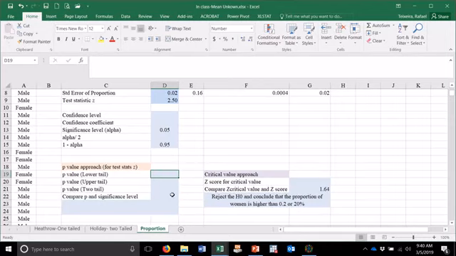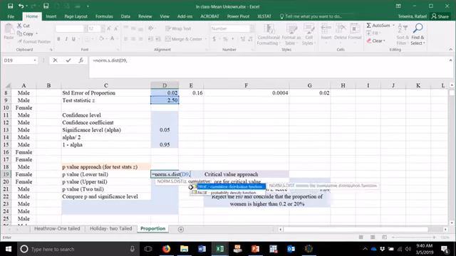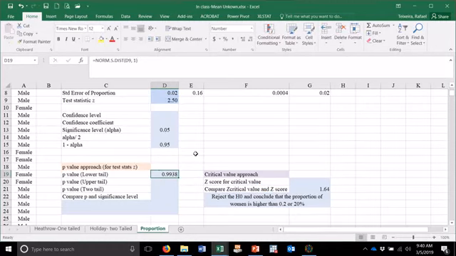So the probability of the lower tail is going to be equal to norm.s.dist, open parentheses, and then I select the z I'm looking for, which is this, and then I type comma, and where it says cumulative I type 1, close parentheses and hit enter. This is the probability up to this point in the upper tail.